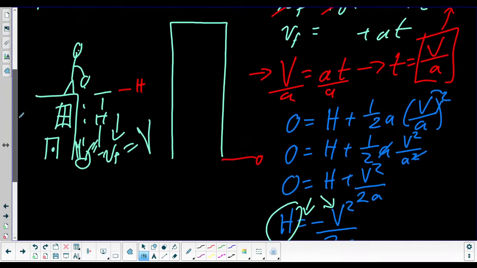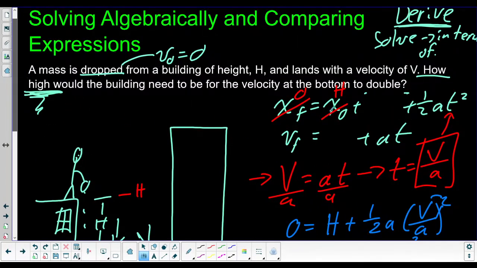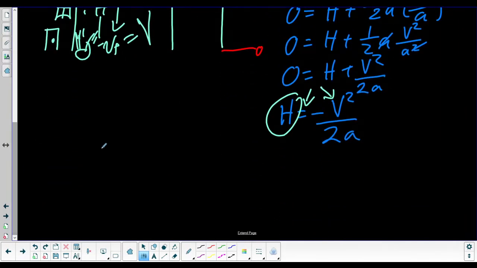What we're going to do now is we're going to change the v. How, you might ask? How high would the building need to be if the velocity at the bottom needs to double? So we're going to take the expression we have relating the height to the velocity, and we're going to replace velocity with 2 velocity. And then we're going to simplify and compare the two equations.